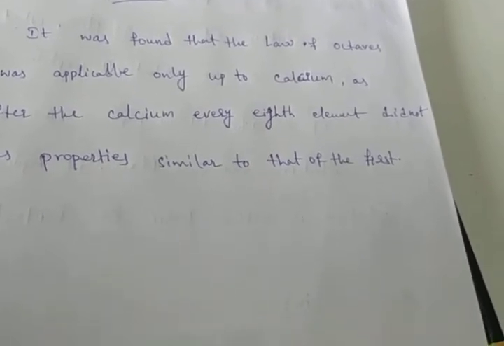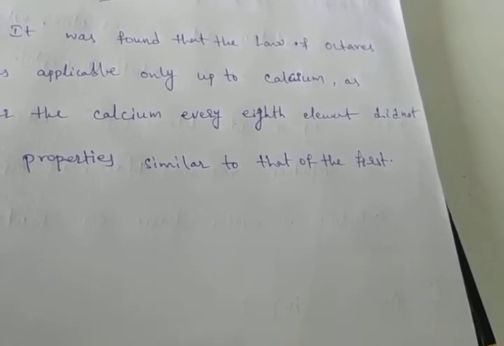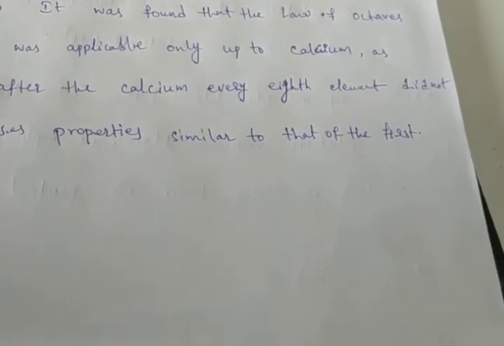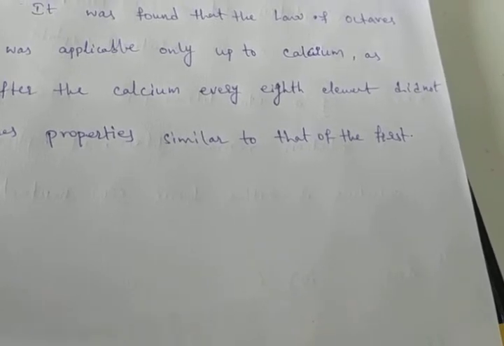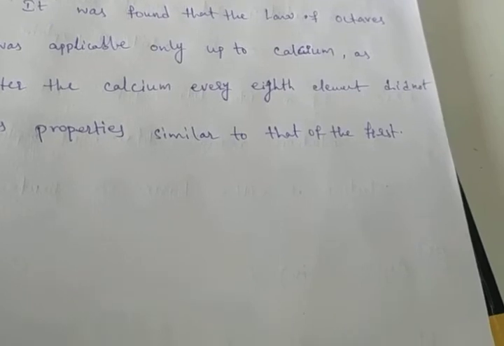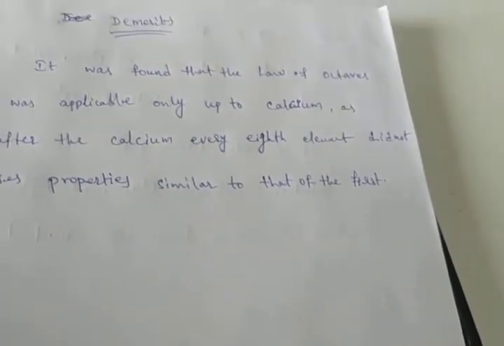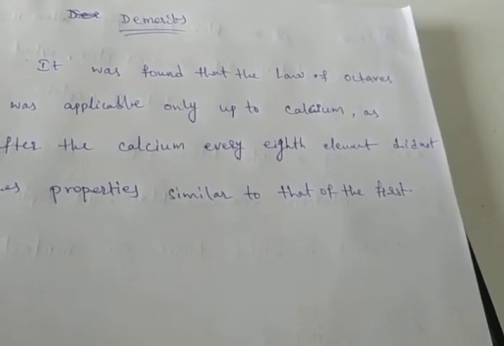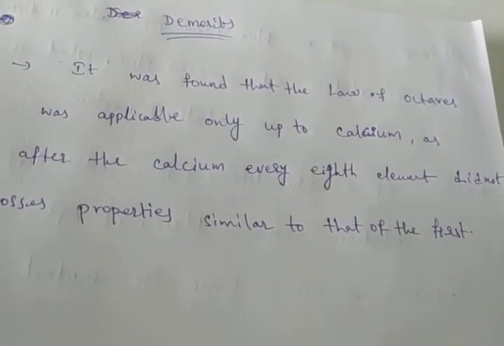But later on several new elements were discovered whose properties did not fit into the law of octaves. Every first and eighth element had similar properties, but later the newly discovered elements' first and eighth elements did not match in their properties. This is also one of the demerits.